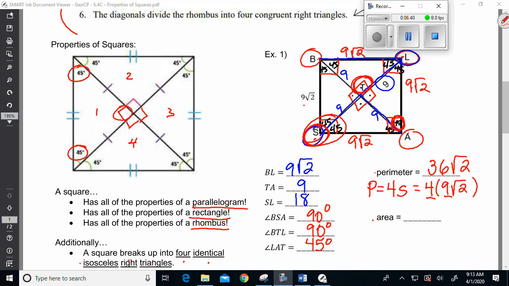Area of a square. So the area is side raised to the second power, or side times side, either way you want to look at it. The side is 9 times the square root of 2. So that's 9 square root 2 times 9 square root of 2.